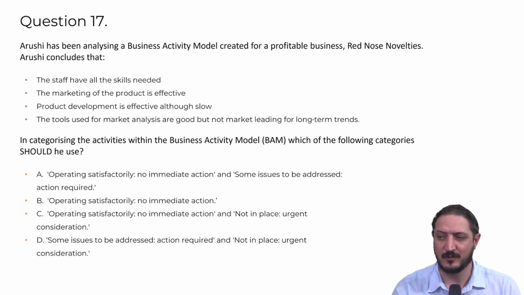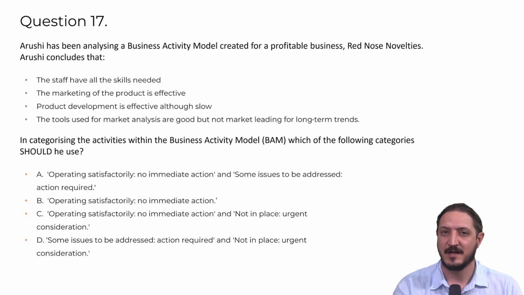The staff have all the skills needed. Do we need to do anything? No. The marketing of the product is effective. Do we need to do anything to these activities on the BAM? No, we don't. So that means that operating satisfactorily, no immediate action is one of the categories that we are categorizing these statements in.